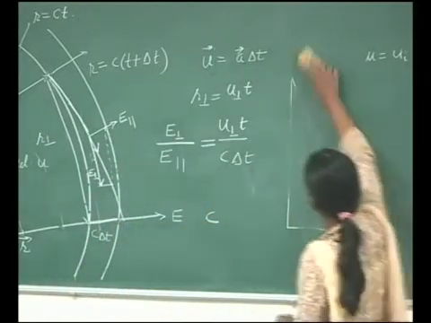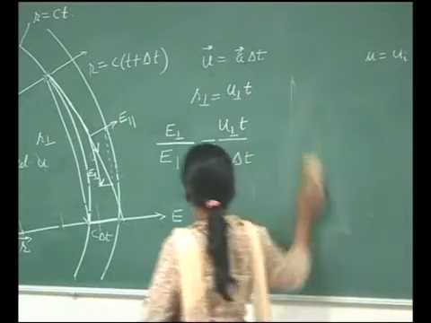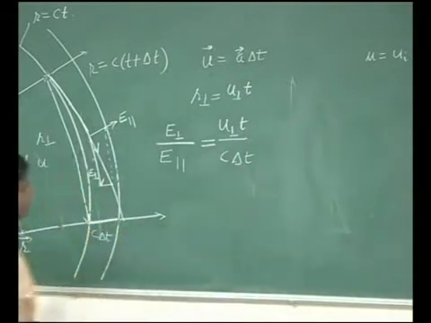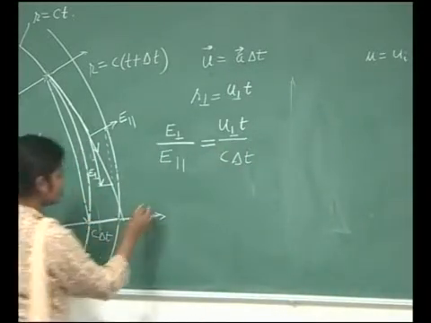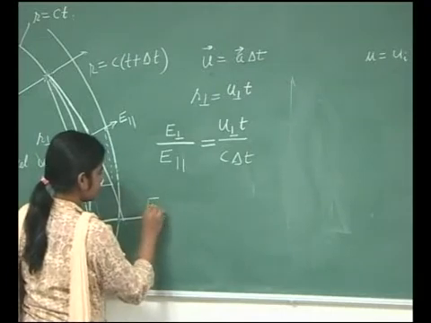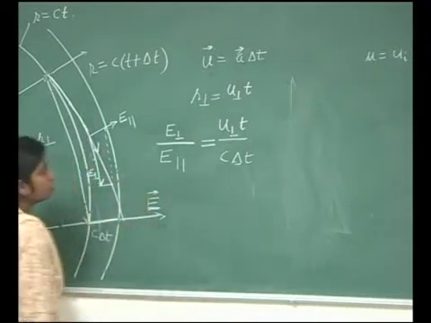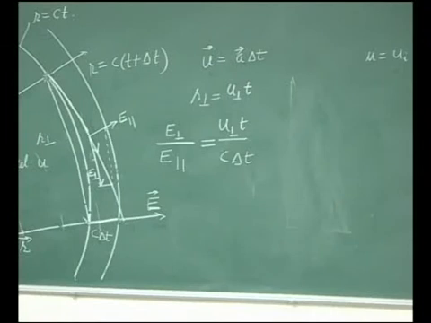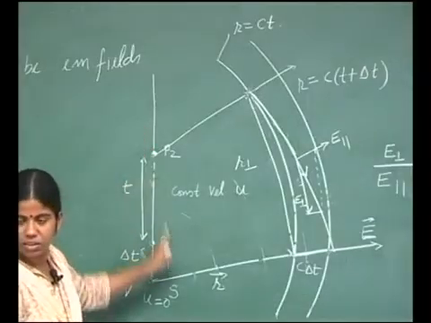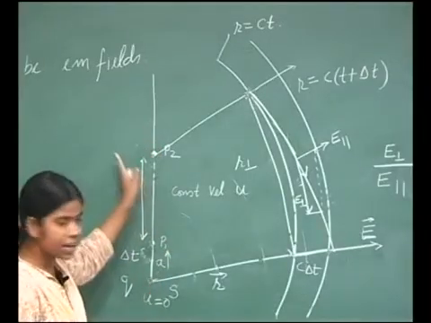So, now I remove this. Now, we do not require this, and now what is u perpendicular? u perpendicular is the speed in this direction, perpendicular to the radius vector.